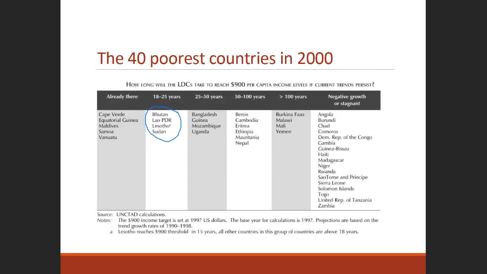So countries like Sudan and Lesotho, some countries were in the 25 to 50 years, like a Mozambique or a Bangladesh. Some countries were in the 100-year payback range, right? Imagine a country that takes out just $1 billion in loan is going to spend 50 years paying this back, and they still are going to take 50 years to reach poverty or just slightly above poverty average incomes.